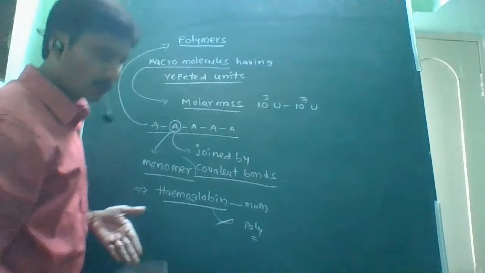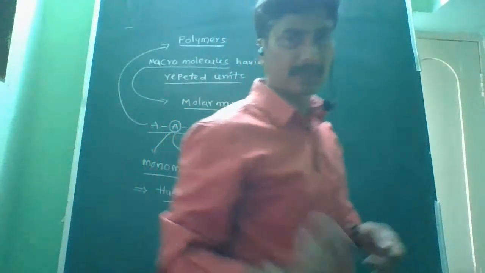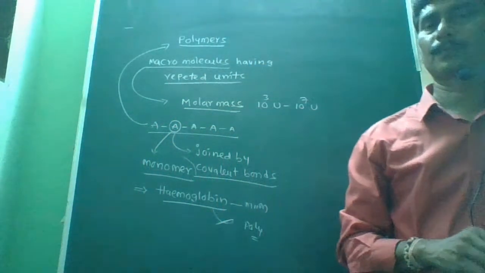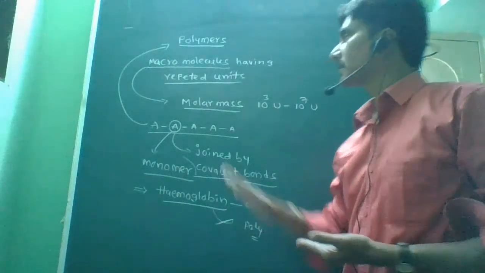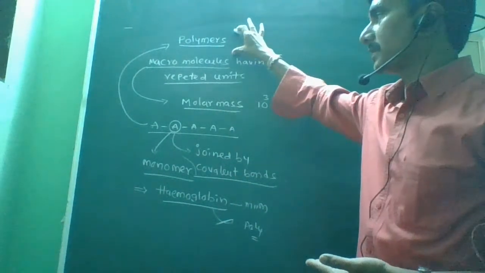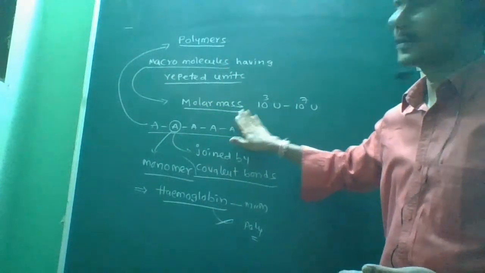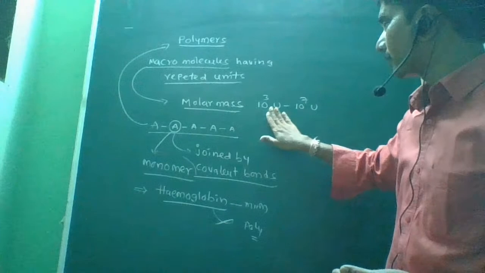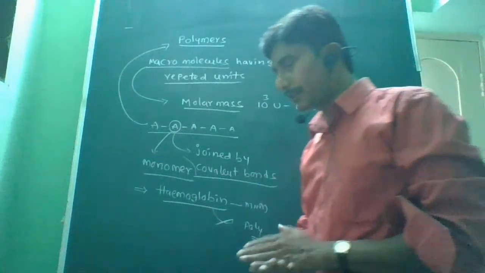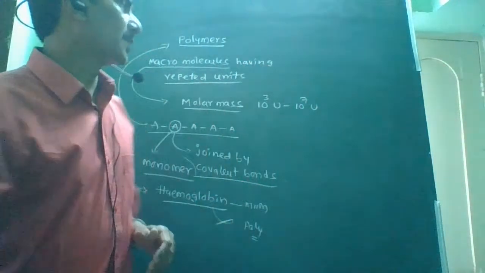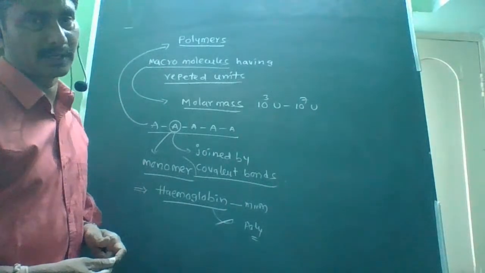Okay? Macromolecules joined by repeated units are called polymers. Generally, they have high molar mass, approximately 10 to the power of 3 atomic mass units to 10 to the power of 7 atomic mass units.